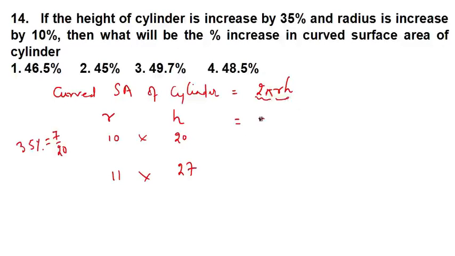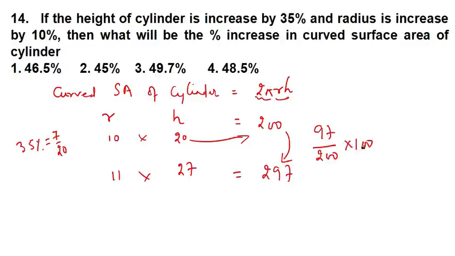Okay, then just multiply, because here you see it is multiplication only. So 10 into 20 will become 200. If you multiply 11 into 27, it is 297. Okay, so what is the increase? From 200 it got increased by 97. On what number? On 200 into 100.